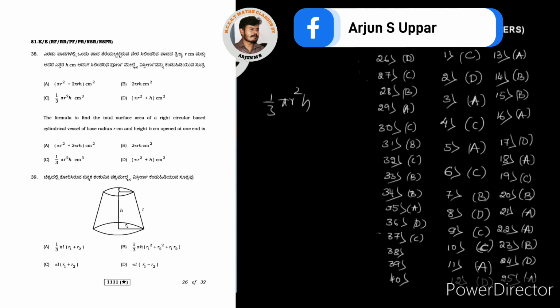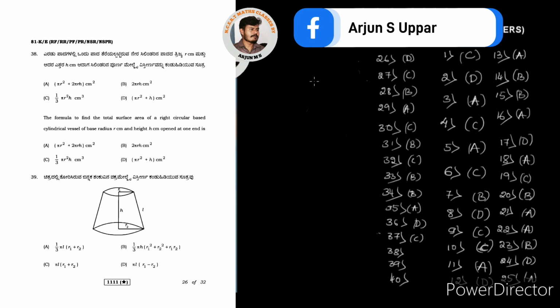So take down the next question, that is 38th question. In that question they are given the formula to find the total surface area of the right circular based cylindrical vessel of base radius r centimeter and height h centimeter opened at one end. So they are given a hollow cylinder, right?